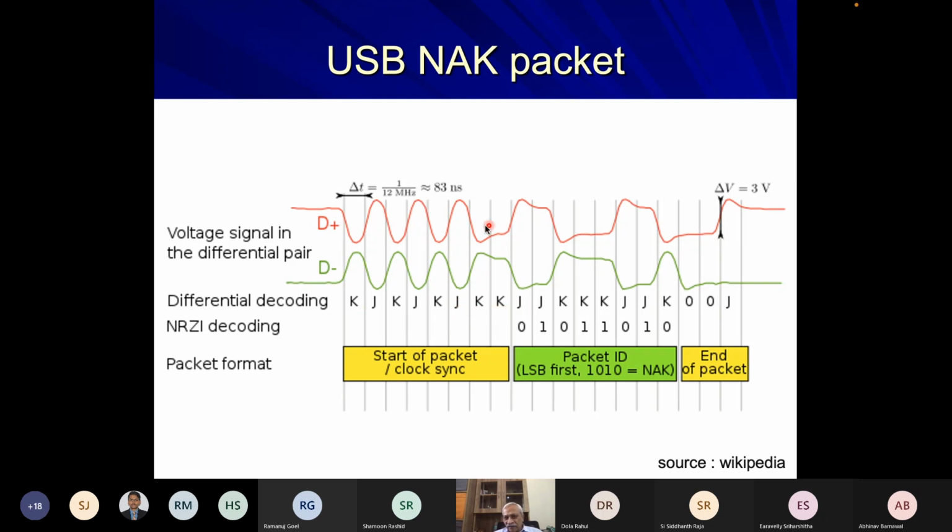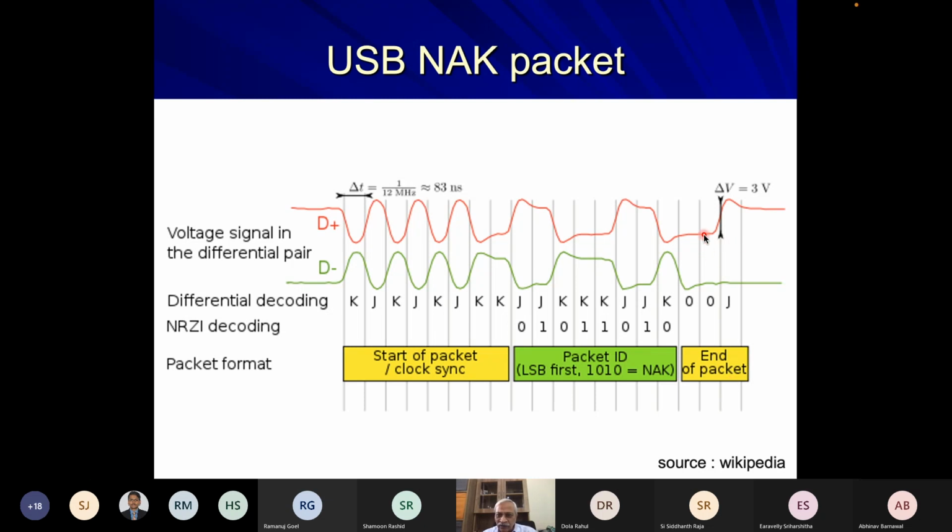Okay. So there is a specific convention of how many such transitions have to be seen to synchronize, and then some pattern on these is indicating start of a packet. So this is a synchronizing packet. This is a packet indicating that there is some error. So it is a negative acknowledgement packet. Okay, and then there is something which is indicating end of packet.